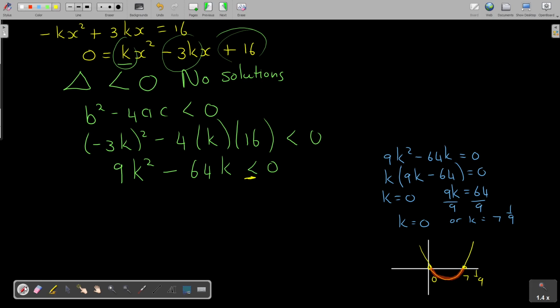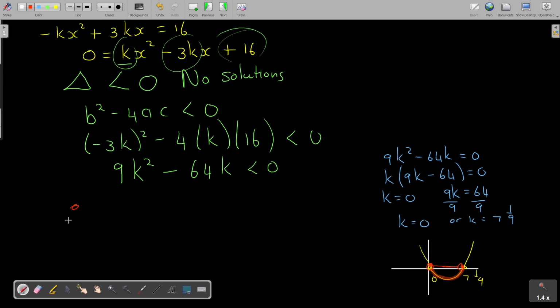From this sketch, if you think of a number line, it's an open circle because it's not equal to.